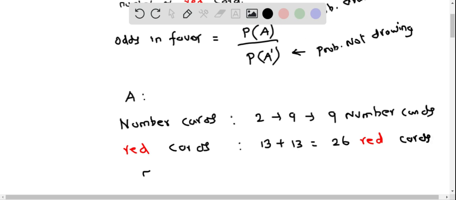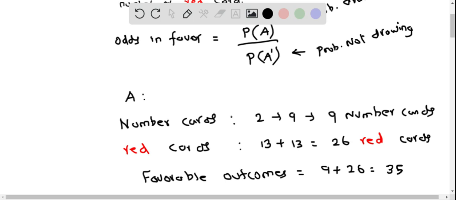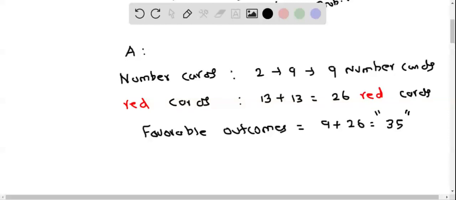So the total favorable outcomes equals 9 plus 26, and this equals 35. That is, the total number of number cards or red cards is 35, and so we get the favorable outcomes as 35.